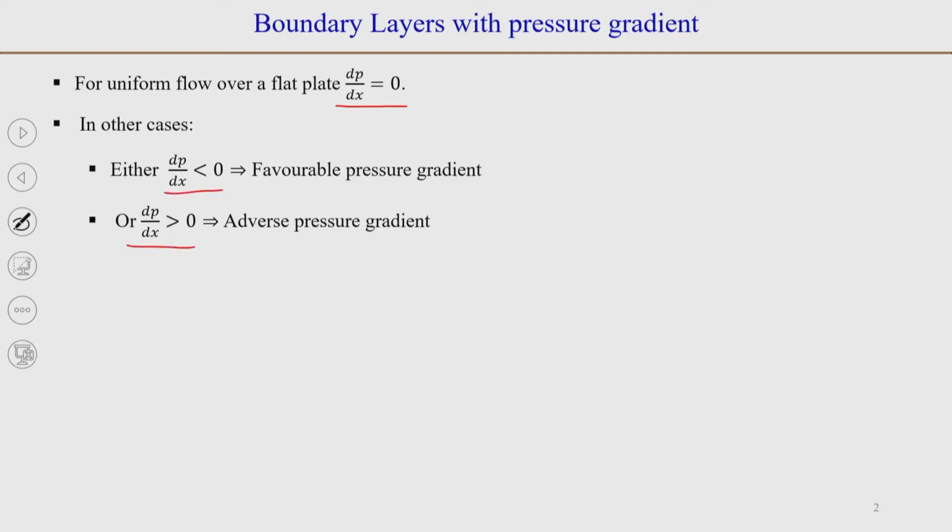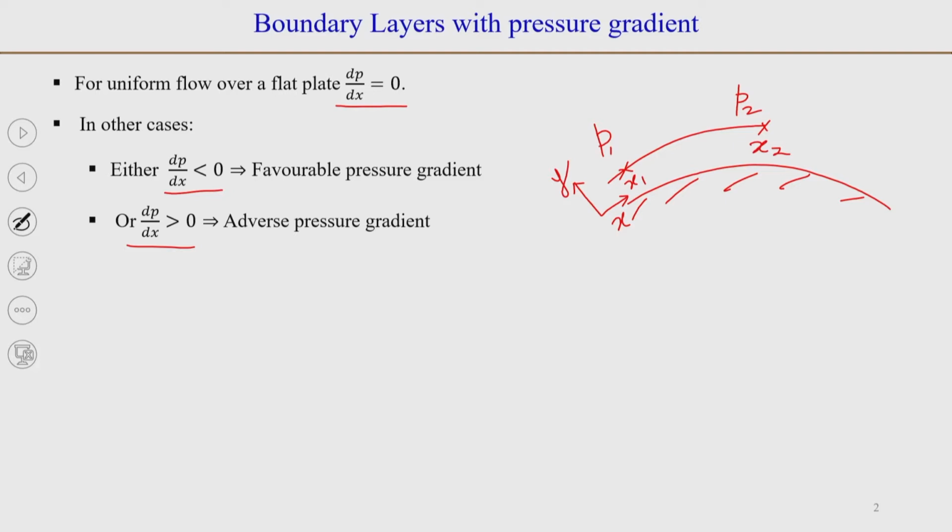So, if you have a boundary, and the pressure is changing from P1 to P2, with the x direction along the boundary and the y direction normal to it, and these points are, let us say, x1 and x2.